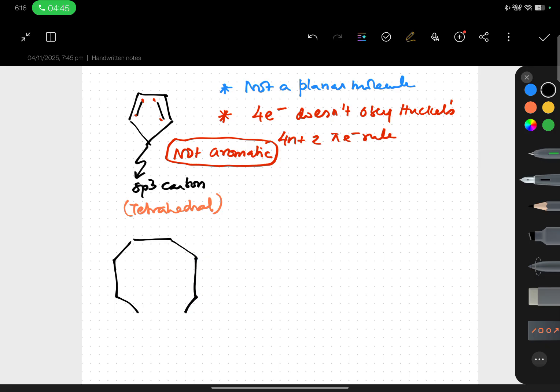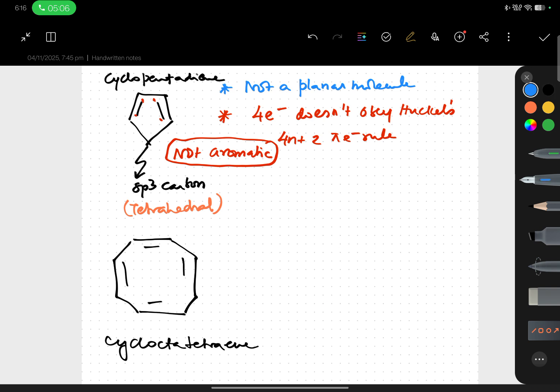this is called cyclooctatetraene. This is cyclooctatetraene. Remember, this molecule is not planar as well.